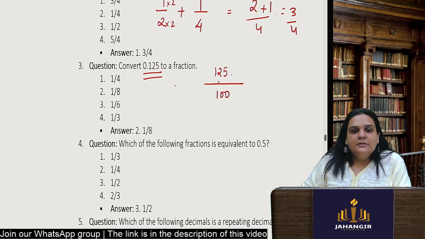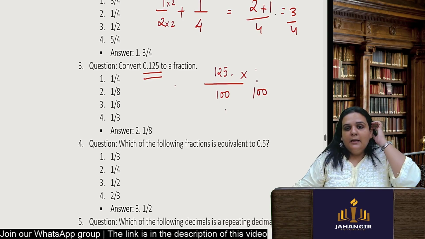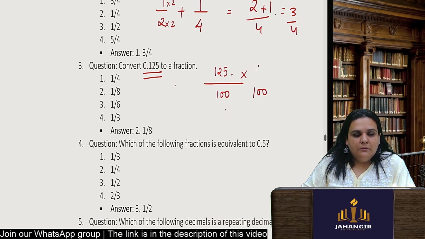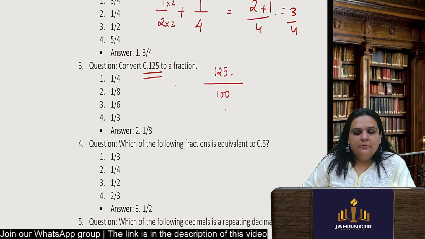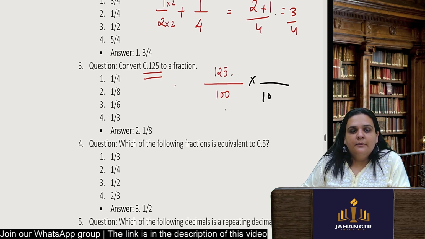So 125 divided by 100 I can do, and then I have to multiply that again by 100, and here it will be 100 over here.